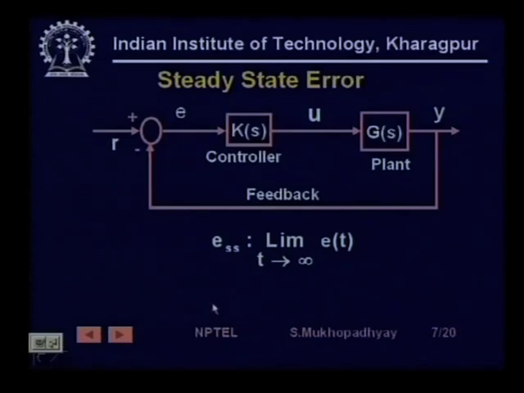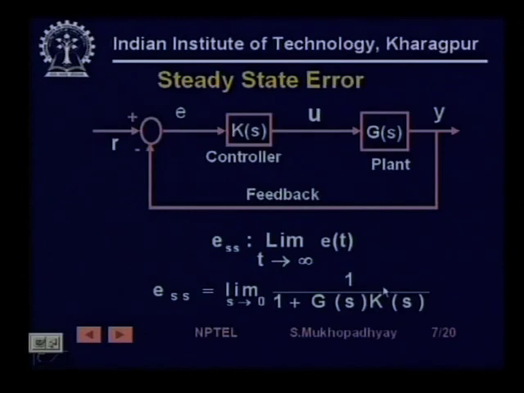We can also express it in a frequency domain form, which uses the final value theorem of Laplace transforms, and which comes down to E steady state being the limit of s tending to 0 of 1 by G(s)K(s). So this is the steady state error, and one of the prime requirements is to ensure by control that this goes to 0.